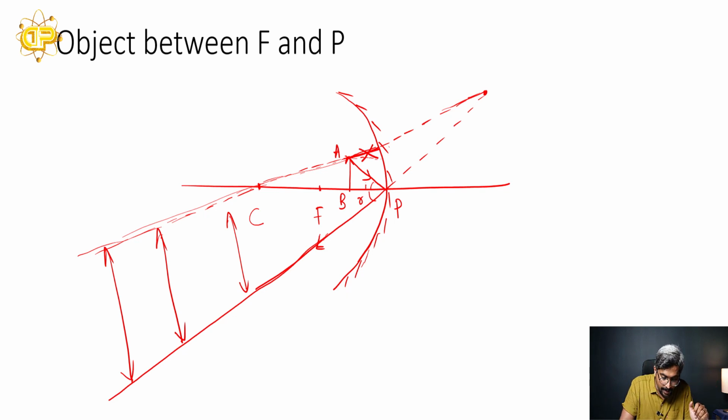So at this very point you will get the image, as these two rays are originating from point A. So definitely this will be A dash and this one will be B dash.